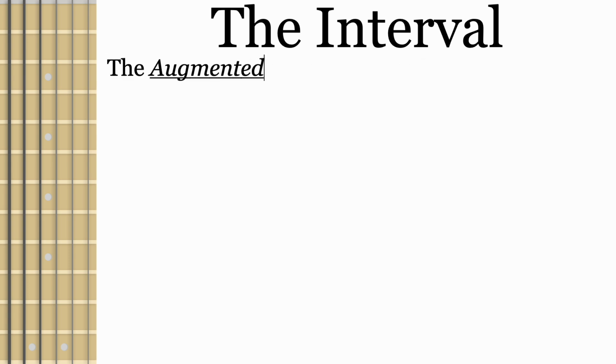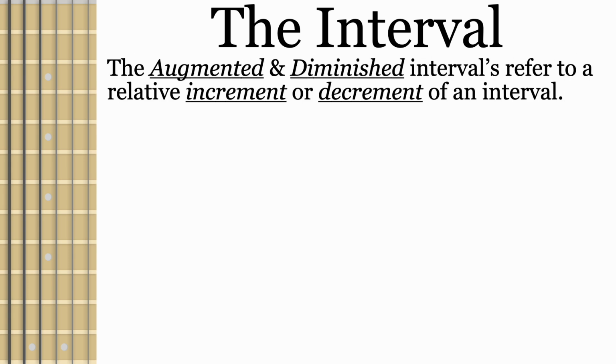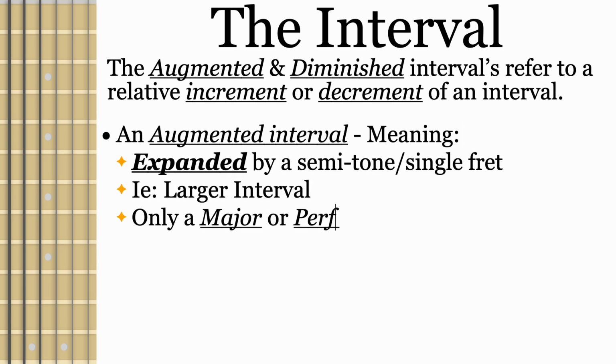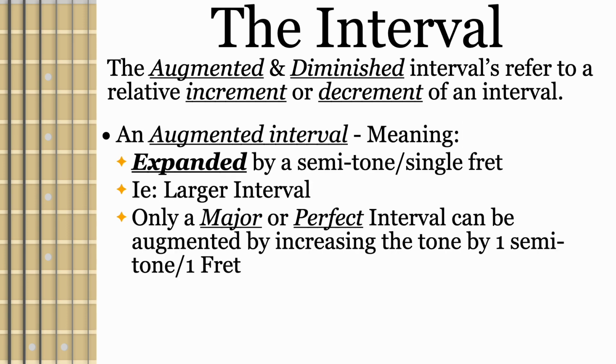Now, with that, we spoke in the previous video about augmented and diminished, and they kind of mean the same thing, right? It's going up the fretboard or down the fretboard. And yes, they do kind of mean the same thing, but as we talked about, a major being up 1 fret. What happens when we move a major up 1 fret? We don't say major. We start to talk about augmented and perfects.